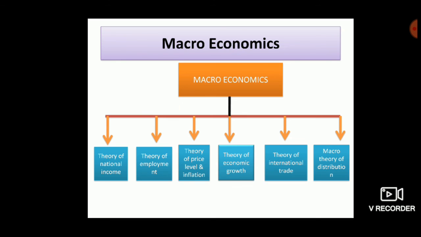Macroeconomics is helpful for control over the business cycle because it helps in analyzing and controlling economic fluctuations. That means business cycle. And macroeconomics is helpful in economic planning, like it is helpful in formulating and adopting proper policies for economic planning and enforcing them.